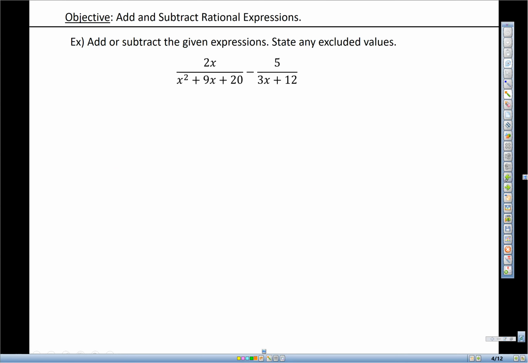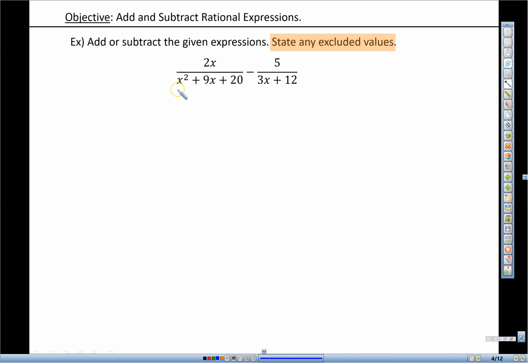All right, so here we have a subtraction problem. And so we're subtracting two rational expressions. So we can actually take care of the first step in subtraction, finding the lowest common denominator, and figuring out our excluded values kind of at the same time, because we need the denominators to be completely factored.